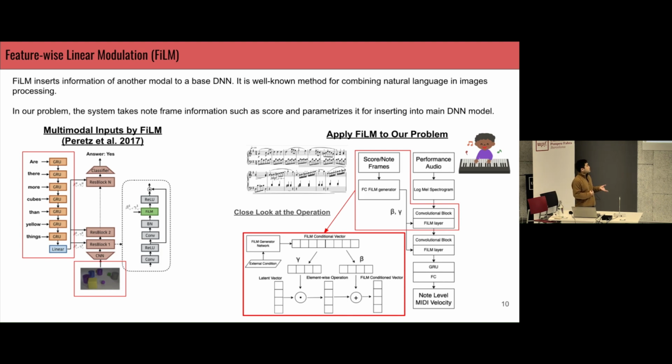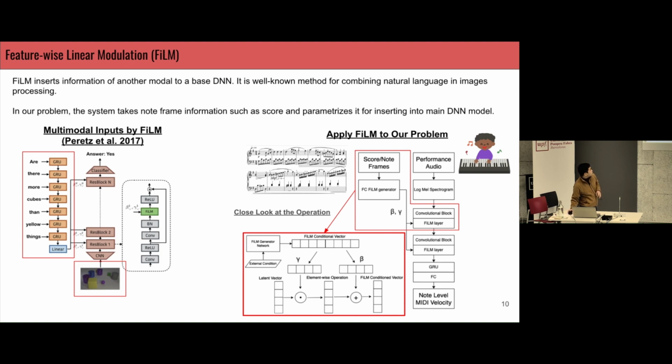So I applied this technique to my problem, where score information is a condition to be inserted into the DNN base network, trying to integrate those 2 modalities into one. And FiLM conditioning has a learnable DNN network by itself, which is this one, the FiLM generator network.